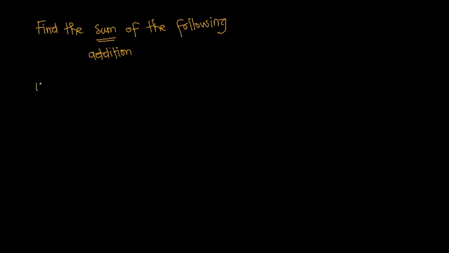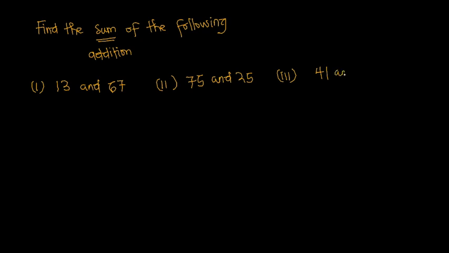Right, so we have to find the sum of 13 and 67, 75 and 25, 41 and 19. Alright, so let's go ahead and look at the solution for this problem. So the question demands that we find the sum of the following numbers.